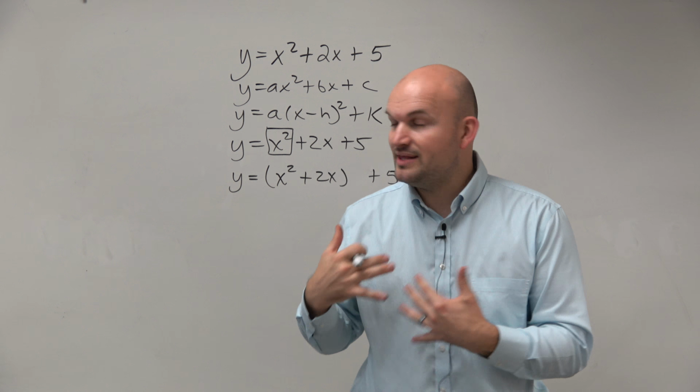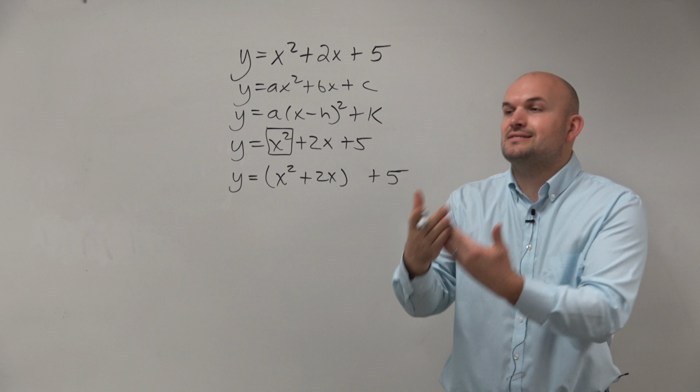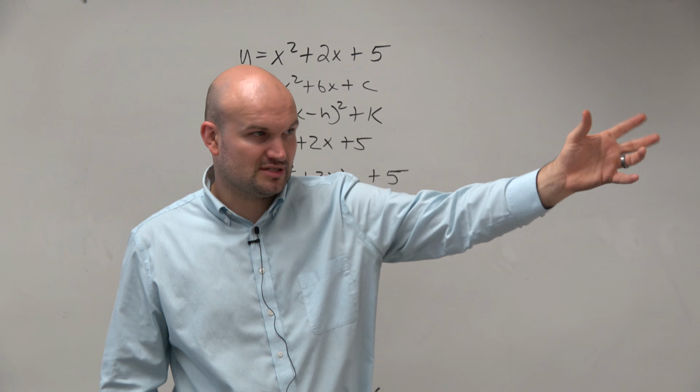So with x squared and 2x, I need to create a perfect square trinomial. If you remember, the middle term was the first and the last terms being multiplied by 2. Do you remember that? It was like x and y and then times 2.